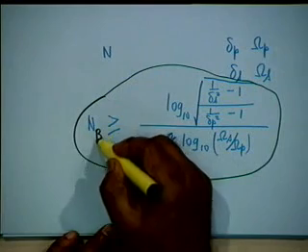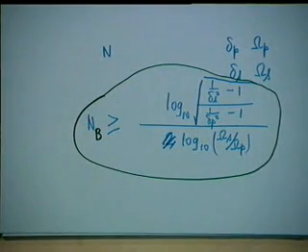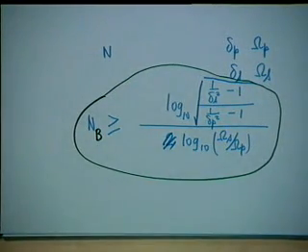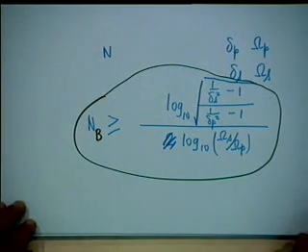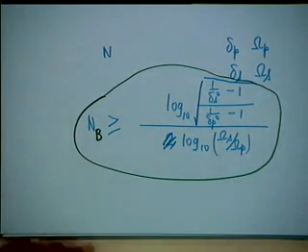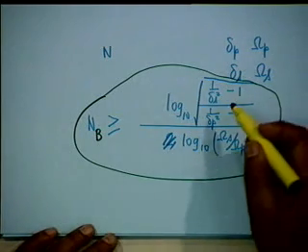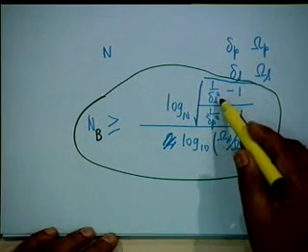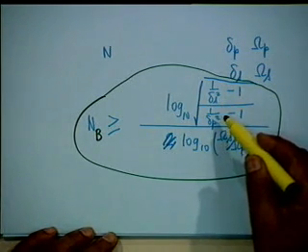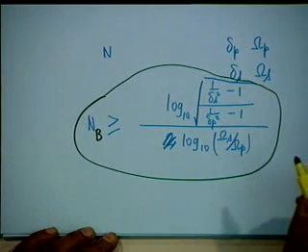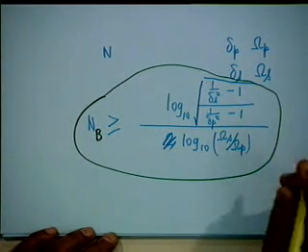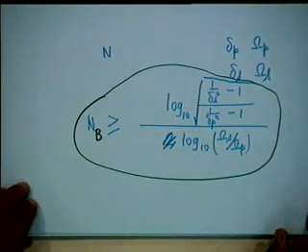This is N B Butterworth. We shall refer to it later also. It's a ratio of 2 logs, and one of them contains the tolerances in the pass band and stop band, and the other contains the stop band to pass band edge ratio.